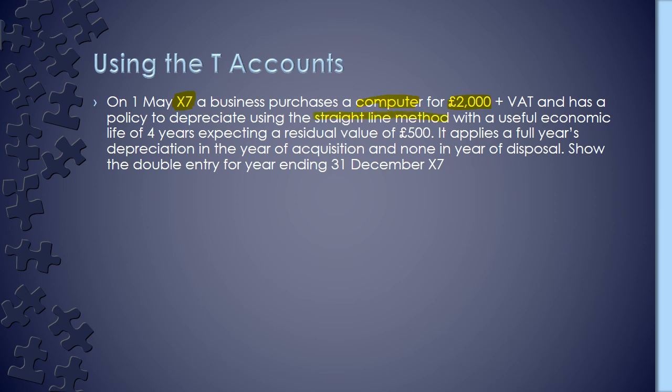We're going to use the straight line method, and it has a useful economic life of 4 years, and we're expecting a residual value of £500. We're told it applies a full year's depreciation in the year of acquisition, and then none in the year of disposal. And we've been asked to show the double entry for the year ending 31st of December 17.